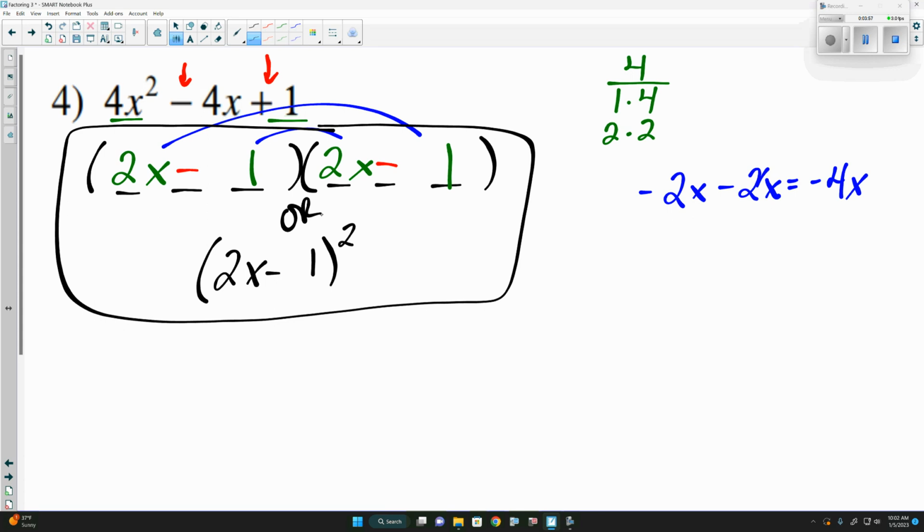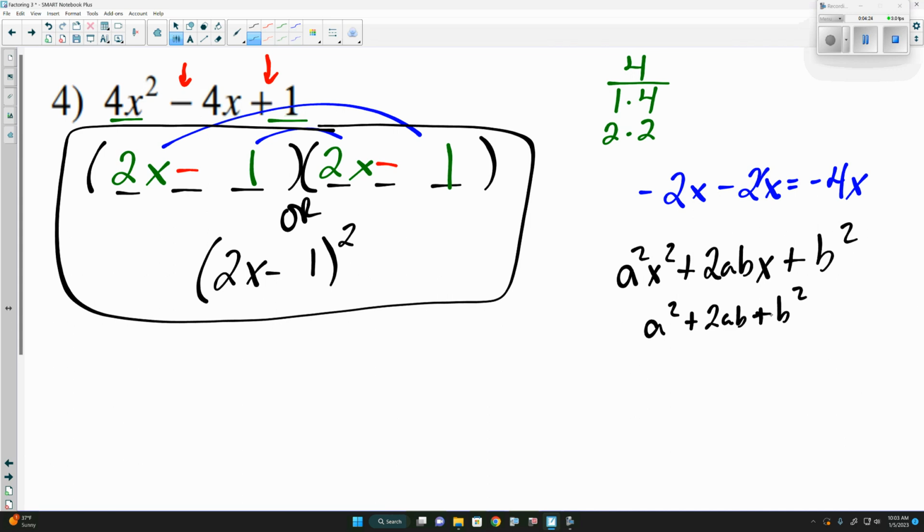And there are methods, or quote-unquote shortcuts, for doing these, because all of these come in the form of ax squared plus 2abx plus b squared, or we could really say a squared plus 2ab plus b squared is the more correct version of how we can look at it and manipulate it.